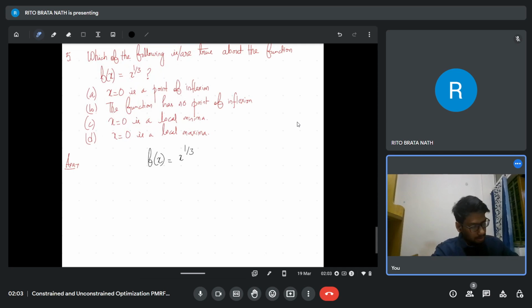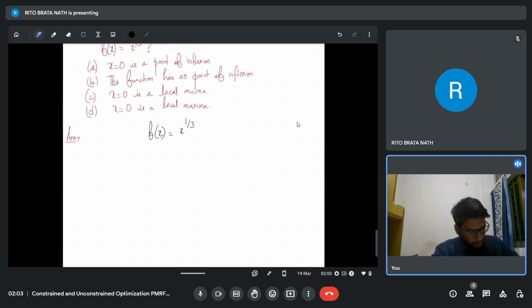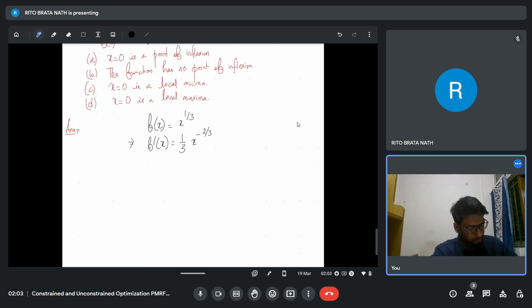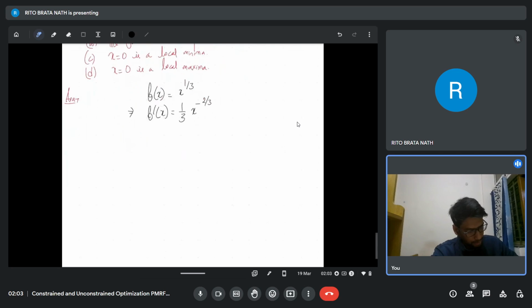Yeah, so this f prime x is 1/3 of x to the power minus 2 by 3, and f double prime x is 1 by 3 times minus 2 by 3 times x to the power minus 5 by 3.